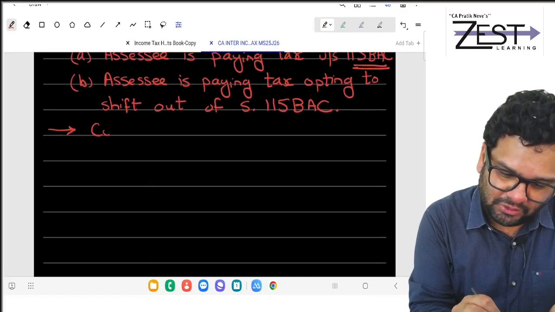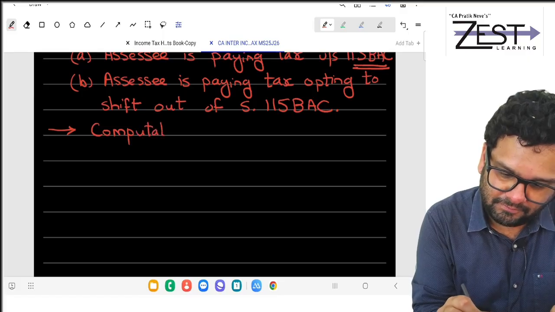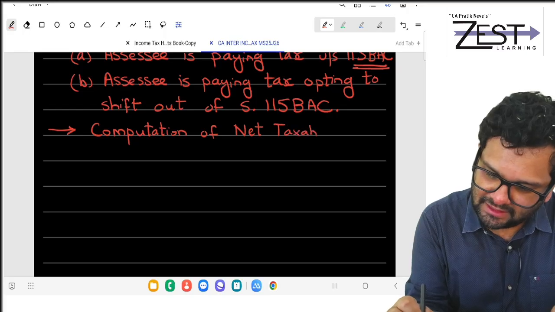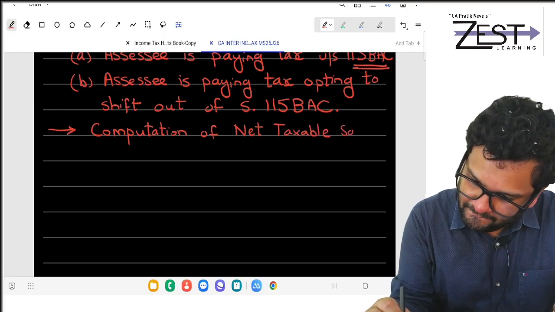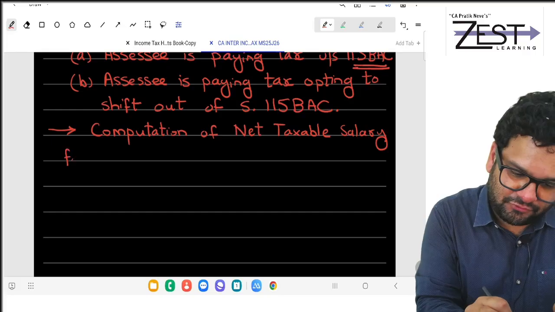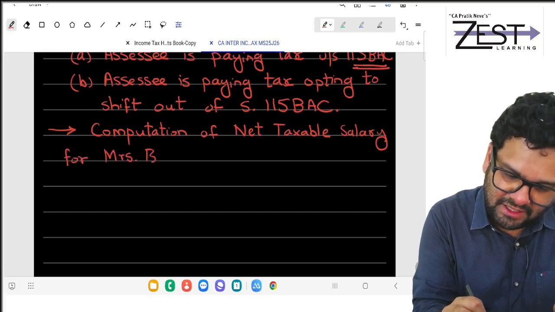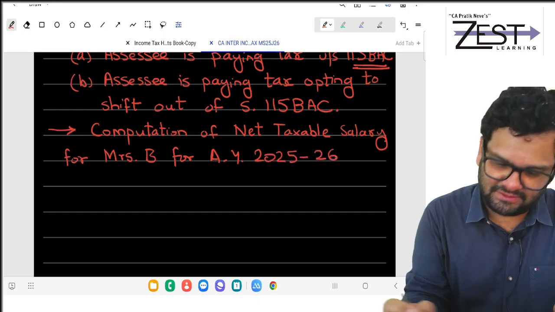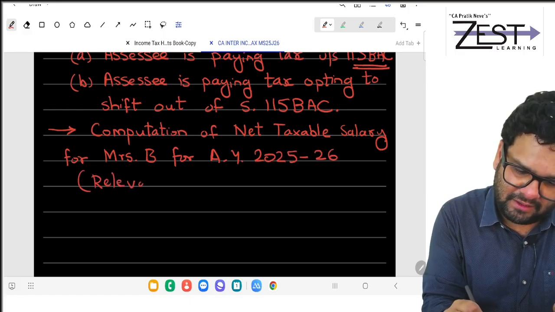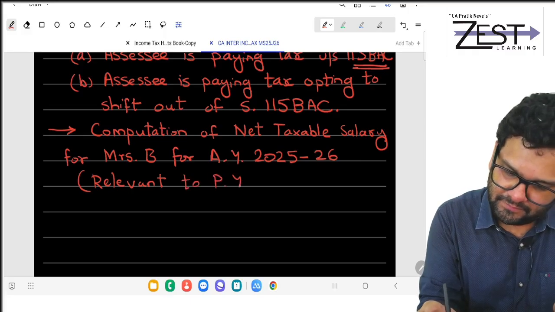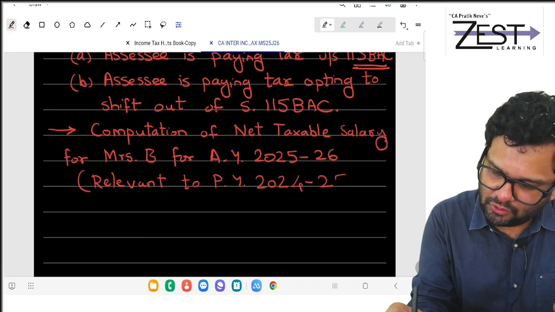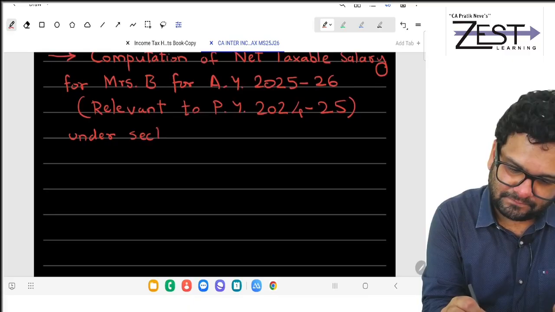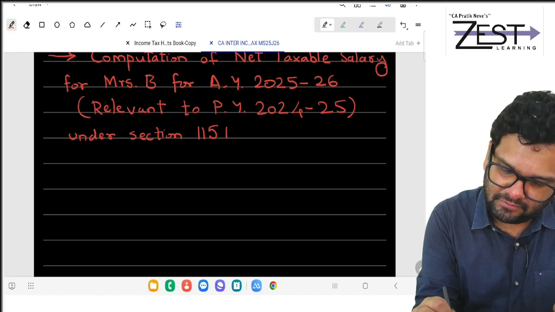Write down computation of net taxable salary for Mrs. B for assessment year 25-26, in bracket relevant to PY 24-25, under section 115BAC.